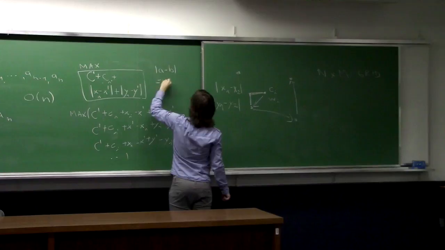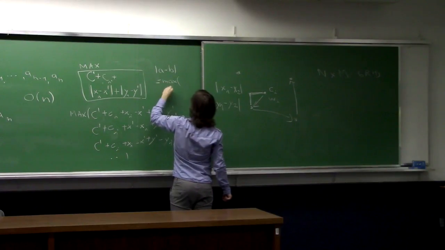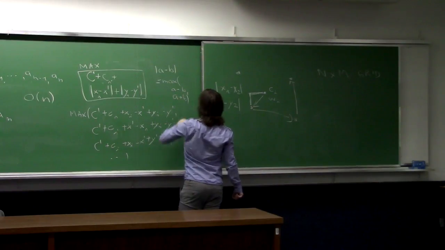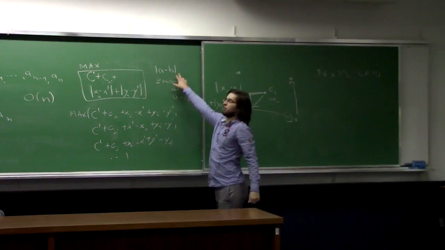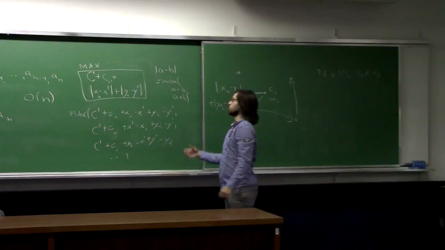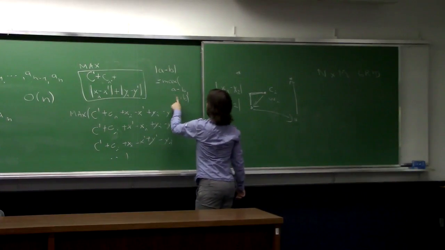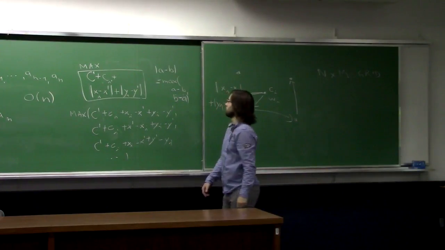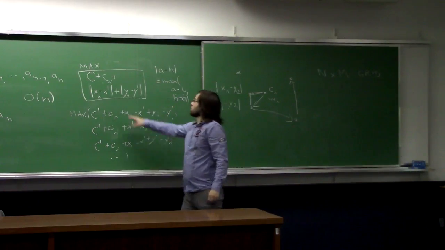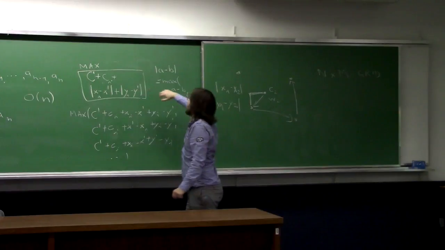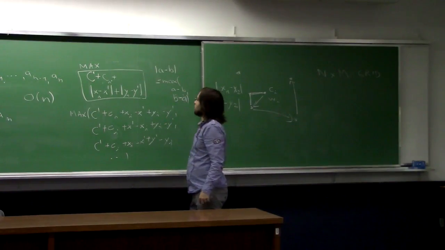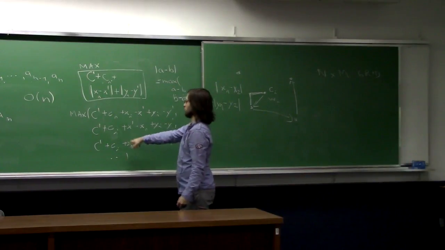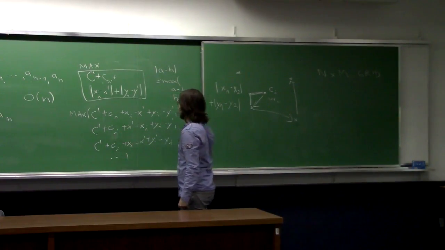In general, the absolute value of a minus b is the maximum of a minus b and b minus a. And since here we need to take the maximum, the maximum expands, and we just need to take the maximum of these four cases.